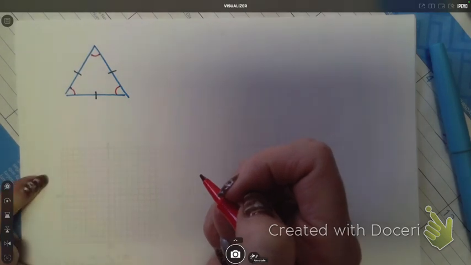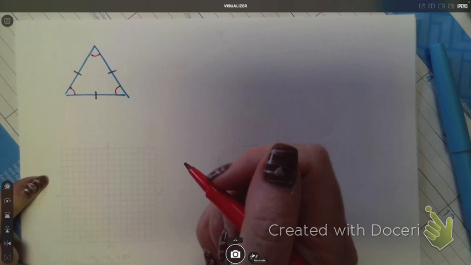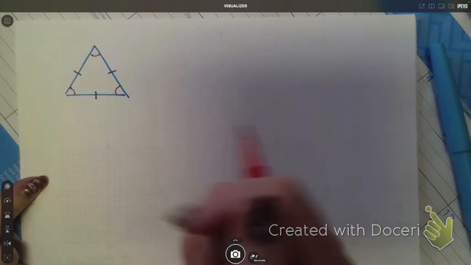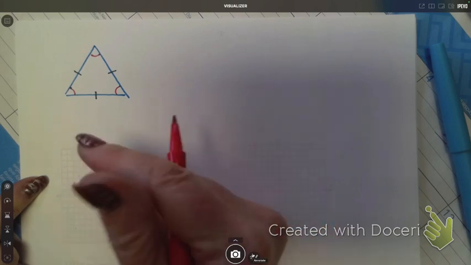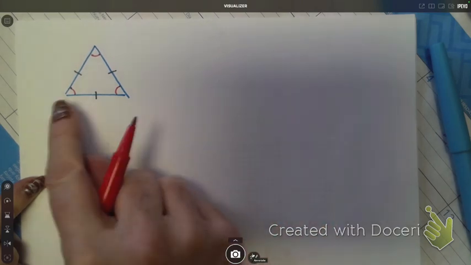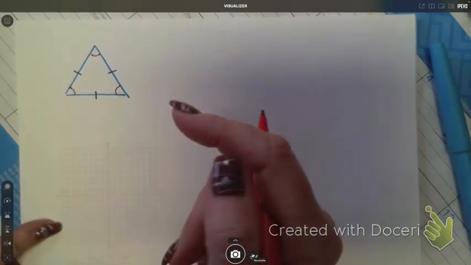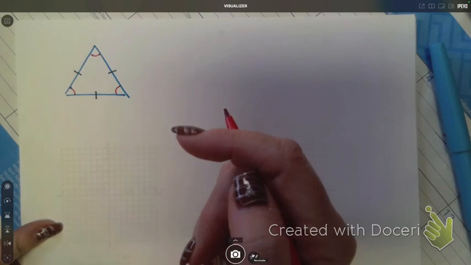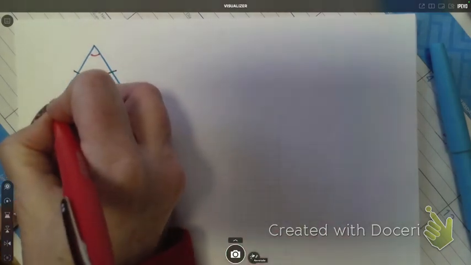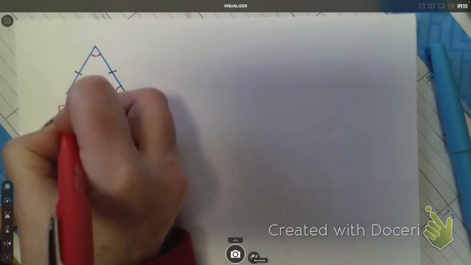What do you know about this triangle? All the sides are, all the angles are. The angles are equal and all the sides. Equilateral, also known as equal angular. We are probably not gonna refer to it ever as that, but it is equal angular also.